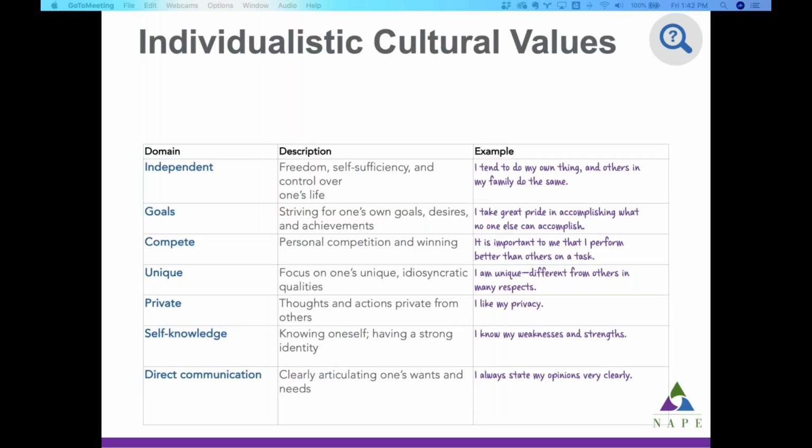The first thing is I want us to dive into the individualistic versus the collectivist values. This particular information that I'm presenting to you comes directly from some of the Native American literature, and it helps us to really understand the differences between ways of knowing and doing.